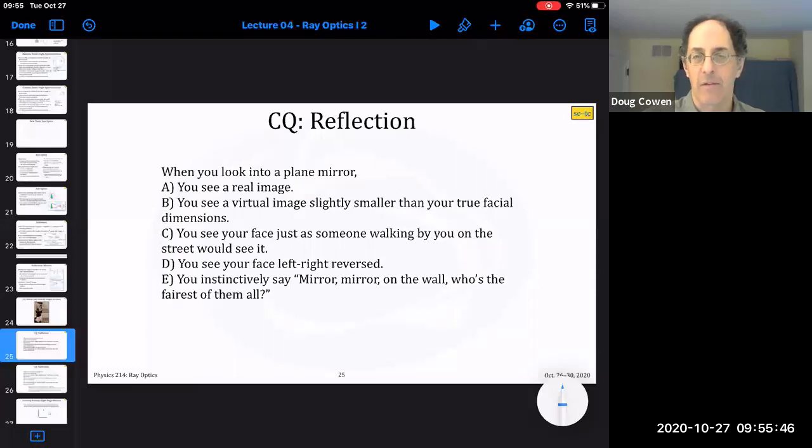You see your face left, right, reversed. Or you instinctively say, mirror, mirror on the wall, who's the fairest of them all? Okay, put your answers in.